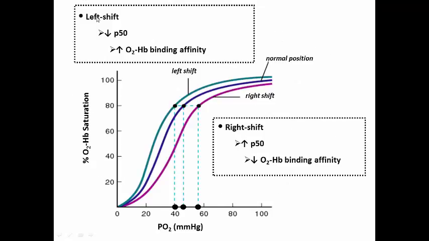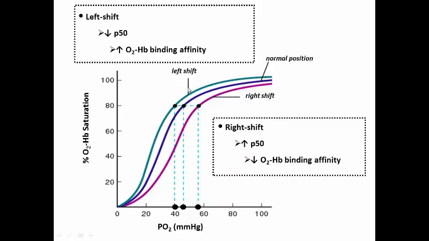So, shifting of the oxygen hemoglobin association curve to the left indicates an increased oxygen hemoglobin binding affinity as a result of a decrease in P50. This is the left shift.